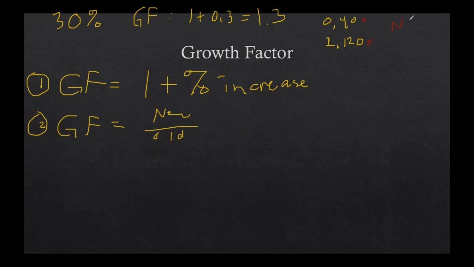So 120 divided by 40, my growth factor in this random example would be 3. So that's two ways to find it. The third way is just straight up given in words, because sometimes you're going to be told the population doubles. Well, if something doubles, mathematically, what do you do to that?